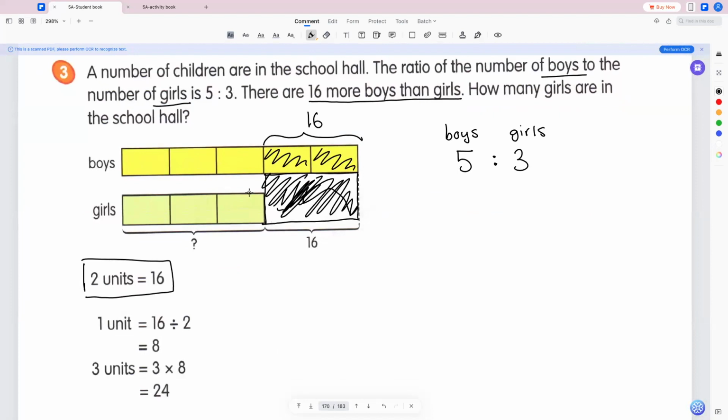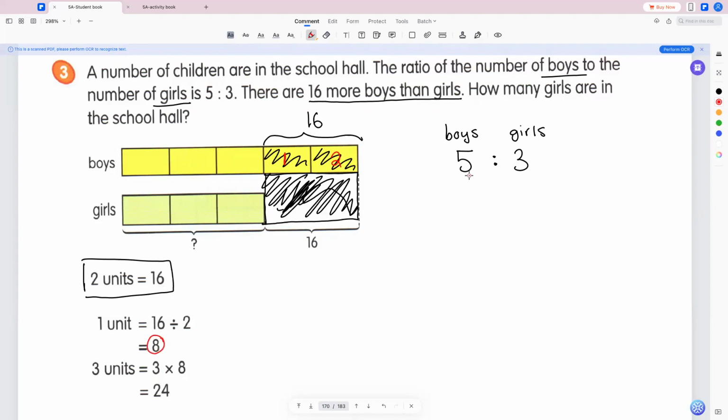And we just saw that over here, 2 units, right? This is 1 unit over here, and this is the 2nd unit. This represents the difference, 16 more boys. So 2 units is equal to 16. We can divide 16 by 2 to get 1 unit, right? So 1 unit is equal to 8.